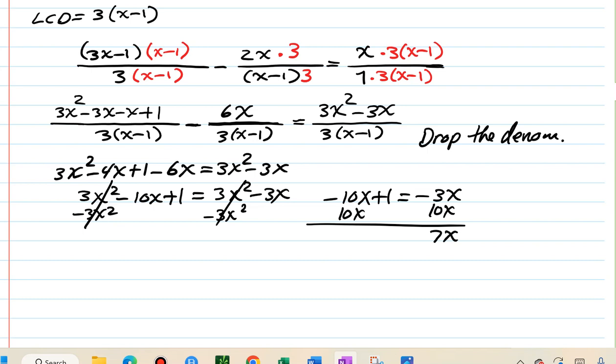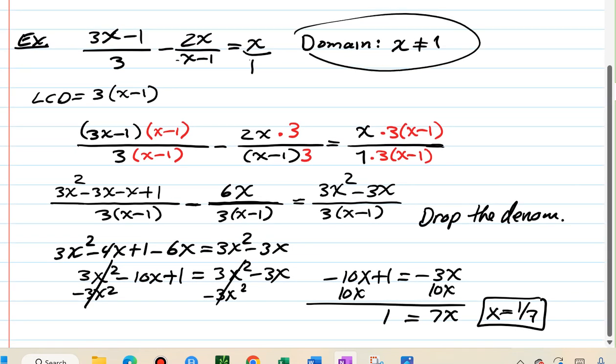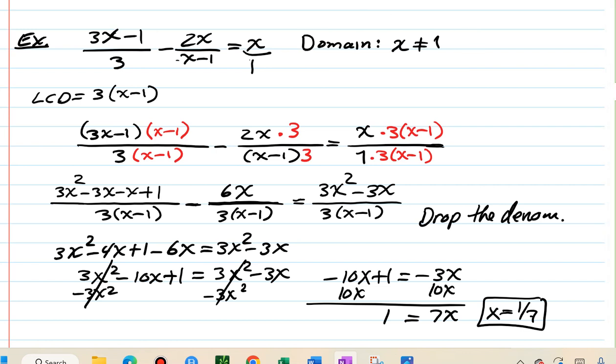This way I have x with a positive coefficient on the right side. And divide by 7. So there is a solution. The solution x is equal to 1/7. And 1/7 is in the domain. It's one of many values that are permissible. The only thing that couldn't be is 1.